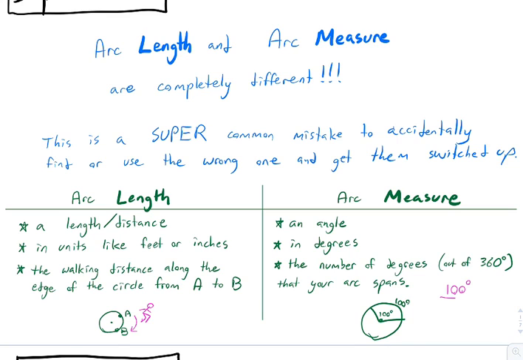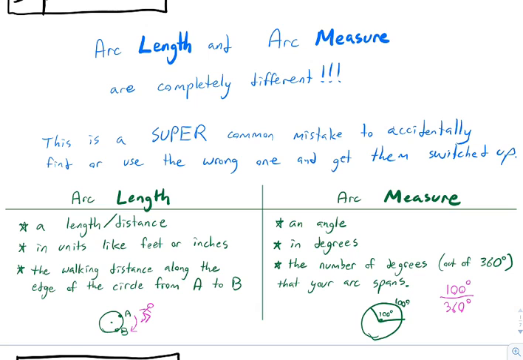No matter how big or small the circle is, that's the fraction or the portion of the circle I got. Out of every circle containing 360 degrees, no matter its size, as big as a pin or as big as a planet, there's 360 degrees in a circle. And I have 100 of those degrees. So I've got around a third of the circle, regardless of size.